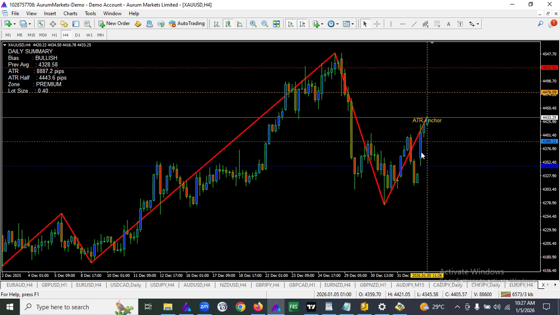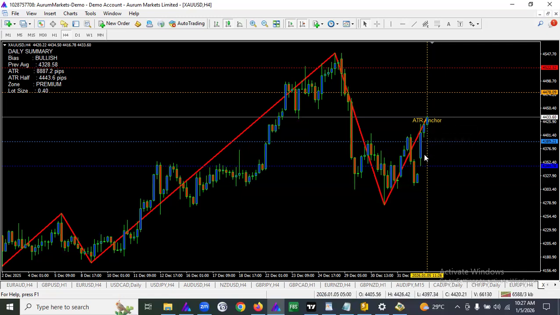Market opened. Now, if you want to buy, going by this, price has to drop between 444 pips and 888 pips. That's when you look for your buy. You see, this is the buy entry.